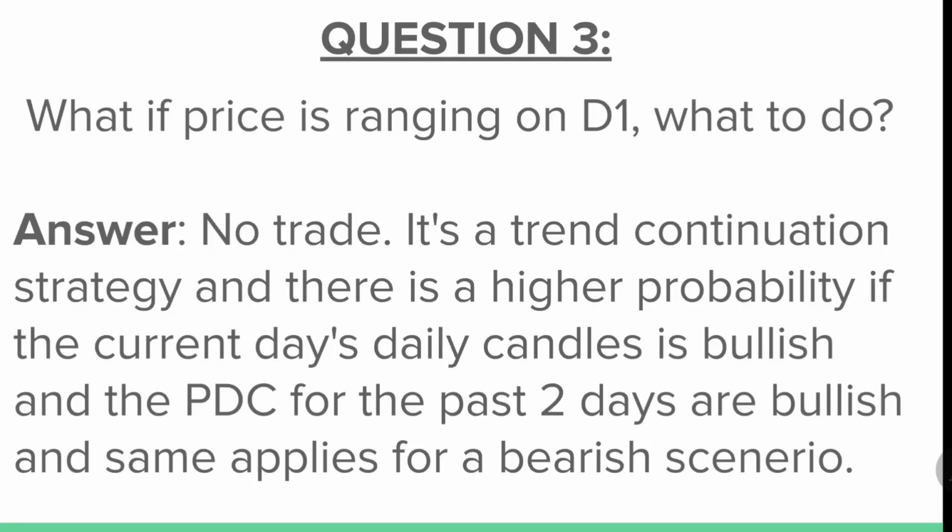The same applies to the bearish scenario. If you want to trade a buy and the previous day's candles for the past 2 days have been bullish, it is better. You have a higher probability of success. If you want to trade a sell and the previous day's candles for the past 2 days have been bearish, there is a higher probability that the market is going to continue bearish. Okay, so that is the answer to that question.